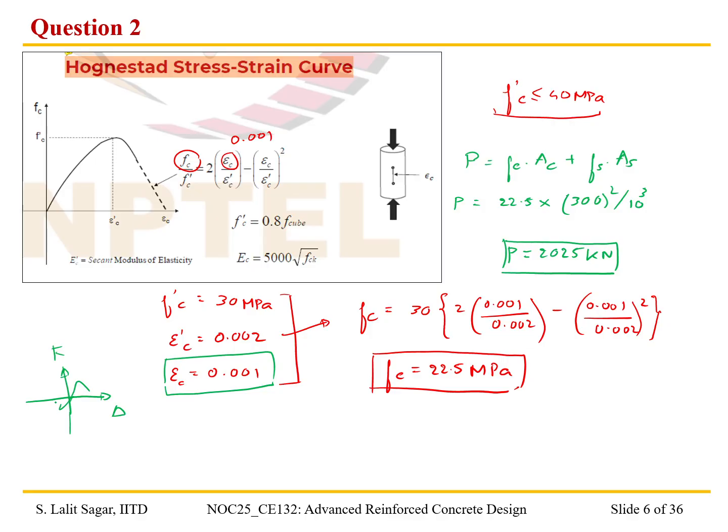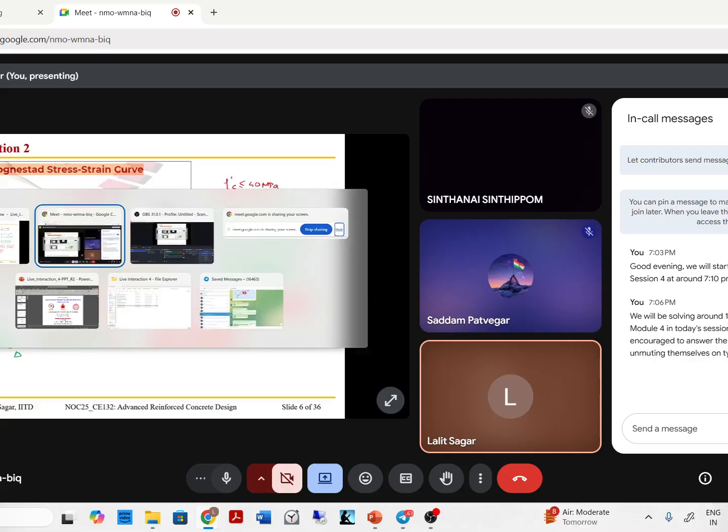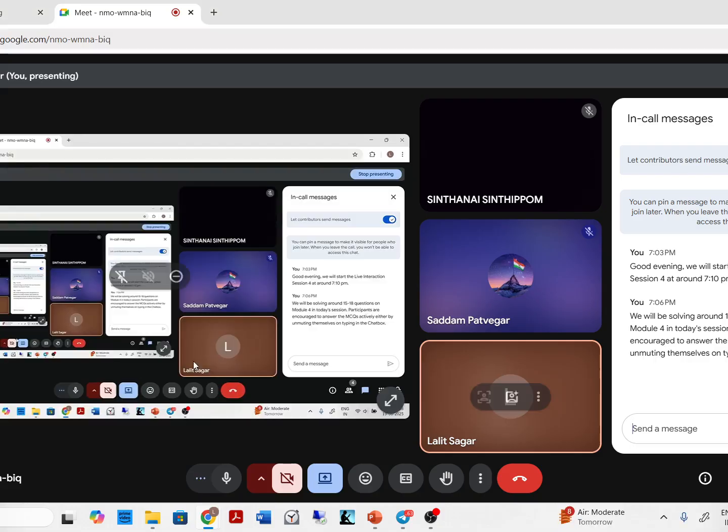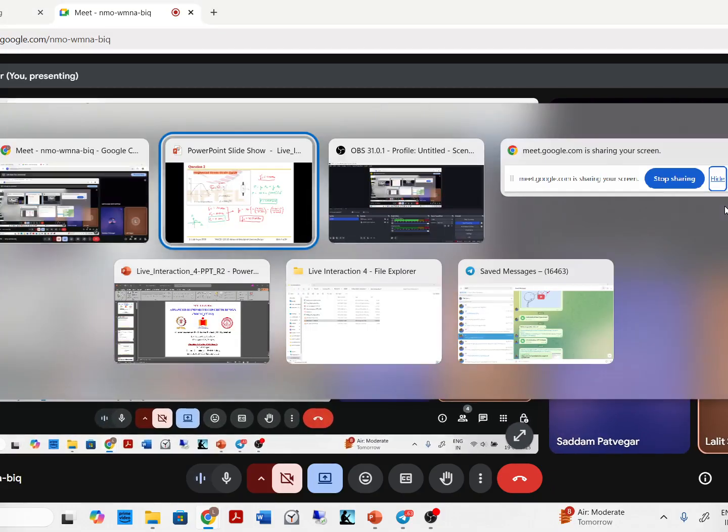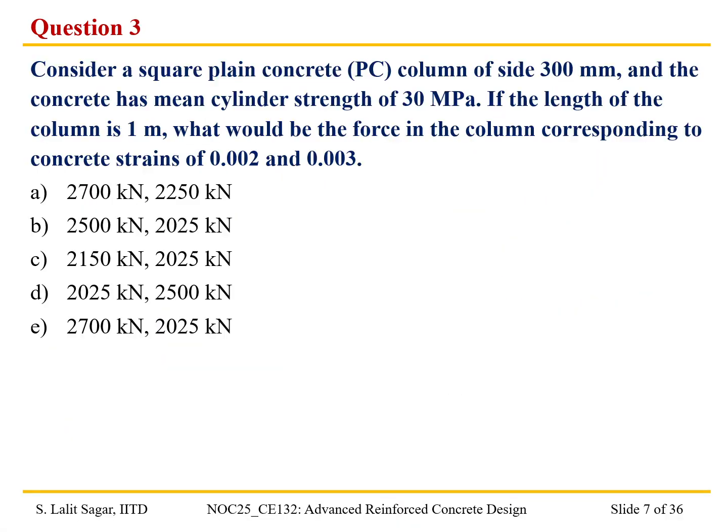If we have understood the concept behind this problem, then we can proceed to the next, because from this particular problem to the final problem, this is the basic concept behind all the calculations. So with your consent, I think we can proceed to the next question.